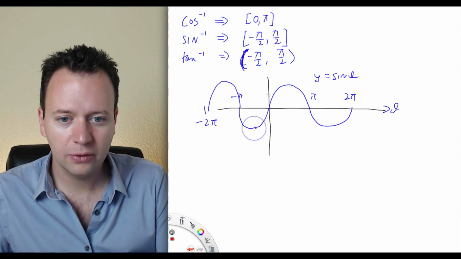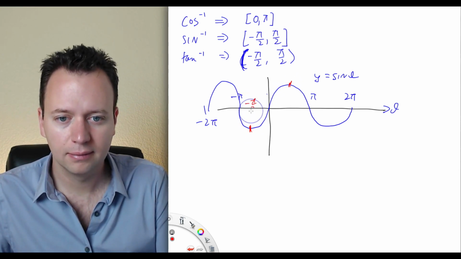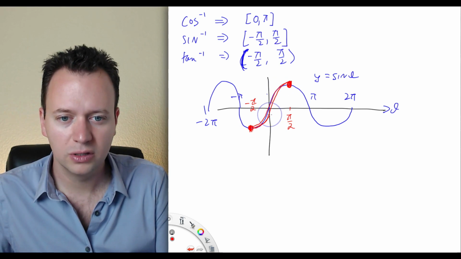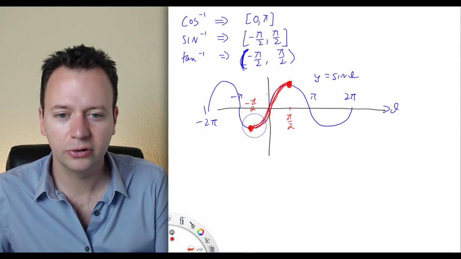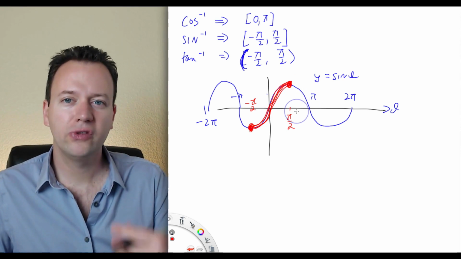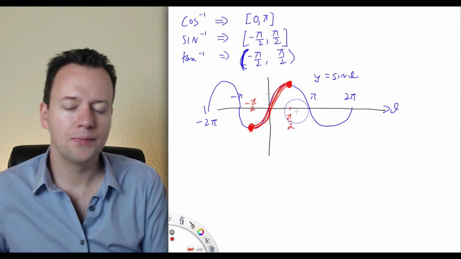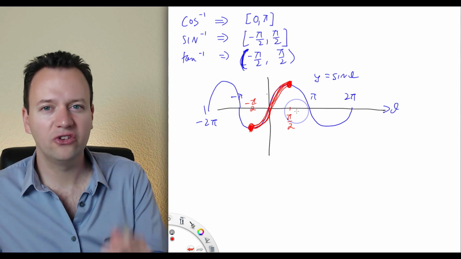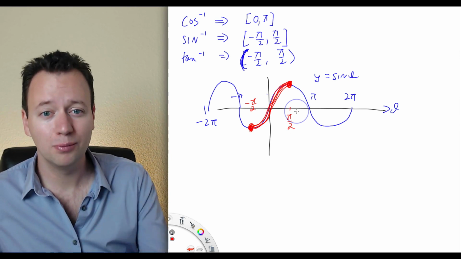So instead we go from minus pi over 2 to plus pi over 2. And on this segment, we just get this curve right there. It looks similar to that restricted cosine function. So when we use the arc sine function, we're going to receive a result that's between minus pi over 2 and plus pi over 2.